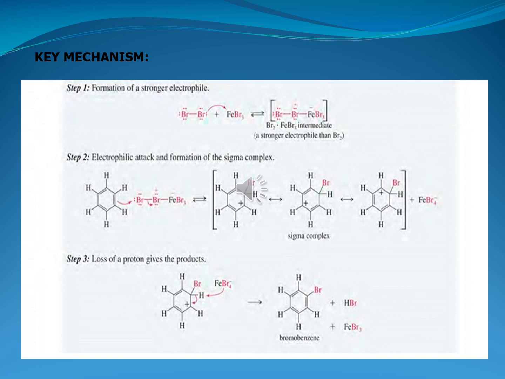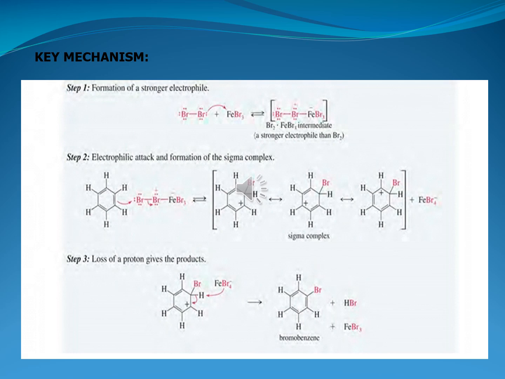The polarization causes the bromine atoms within the bond to become more electrophilic. The bromine cation is a much better electrophile than the bromine molecule alone, and can then react with the benzene.